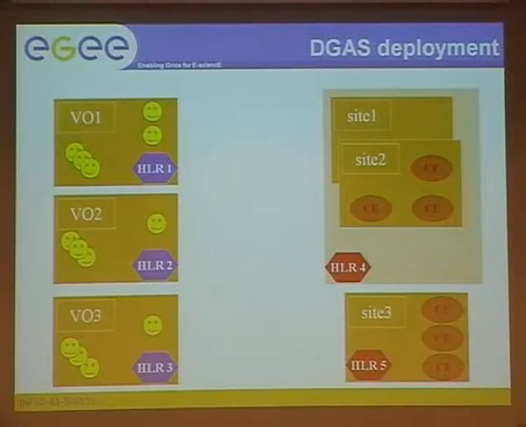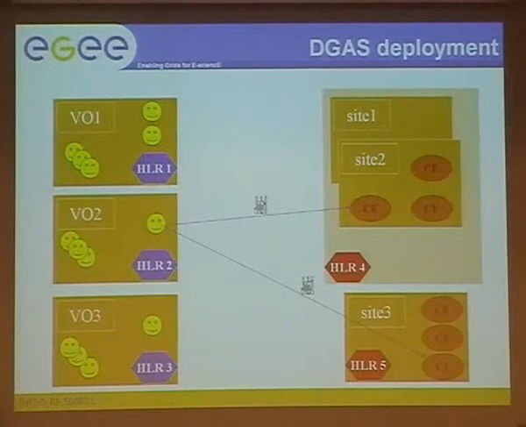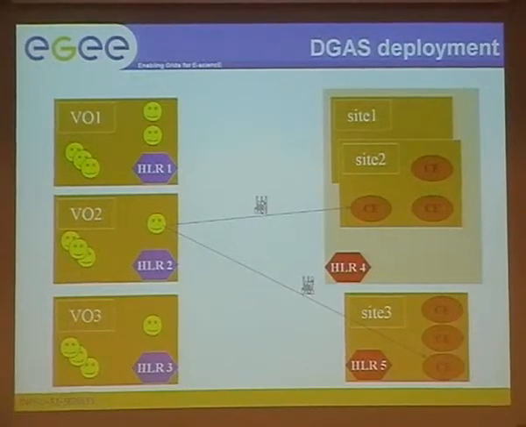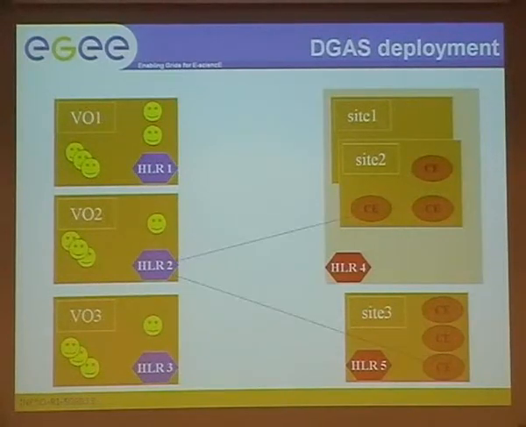What happens is that when a user submits, for example, 2 jobs to the grid and they land on 2 different computing elements belonging to 2 different sites, for example, a computing element in Site 2 and a computing element in Site 3, the job gets executed, and once collected, the usage records are sent first to the user's home location register, where both are archived.